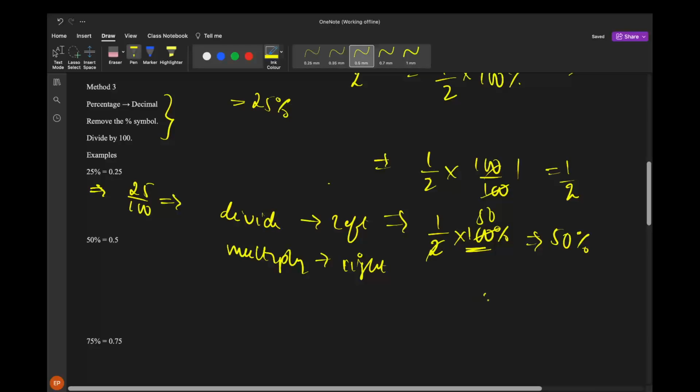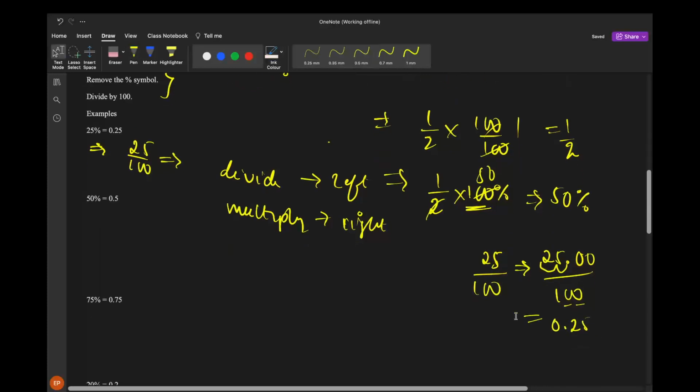Suppose 25 divided by 100 means divided, right? Decimal goes left side. You might ask, where is the decimal point here? We can put a decimal point, right? 25 can be written as 25.00. Value won't change, right? Divided by 100, it goes left side. How many places? Depends on the number of zeros here. How many zeros? 2. So it goes 1, 2. So it's 0.25, right? So that's why here you can see it is 0.25.